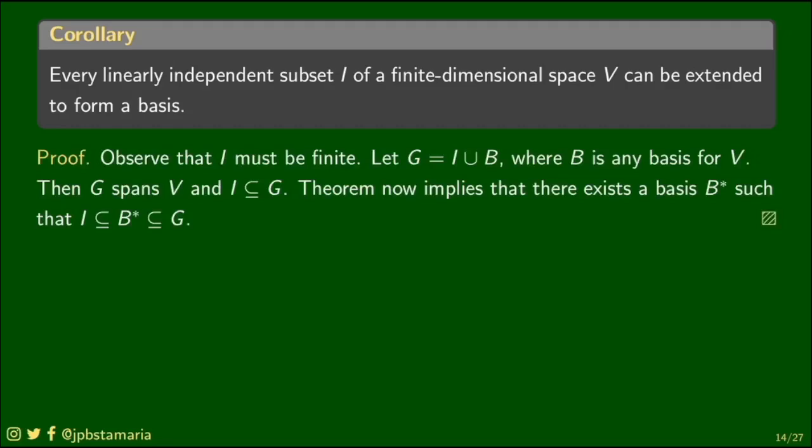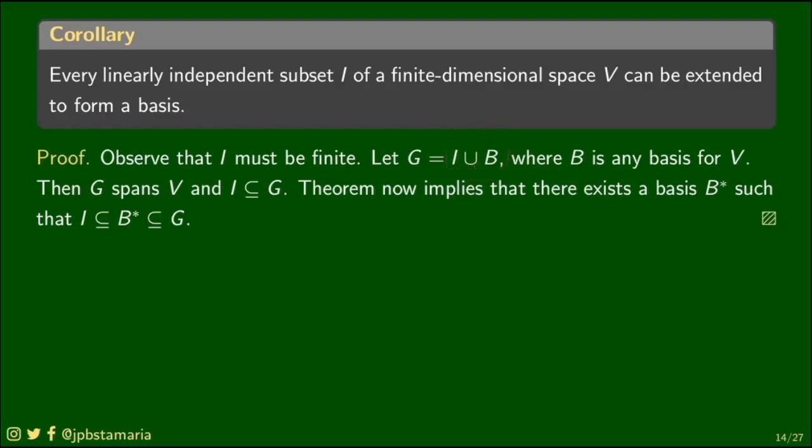So what you do is, if this is your independent set, you look for a known basis. Normally, in the case of Rn, you just use the standard basis because that's already a basis, right? You take the union of B with I. Of course, if this has many vectors, obviously some of them will be redundant.